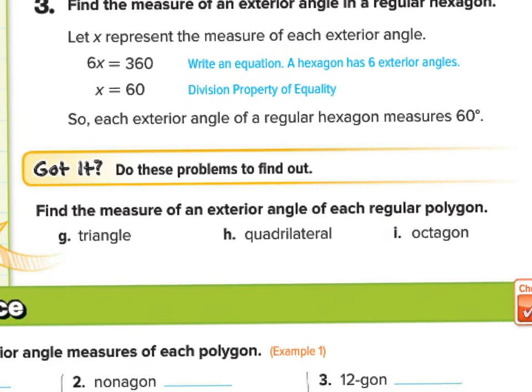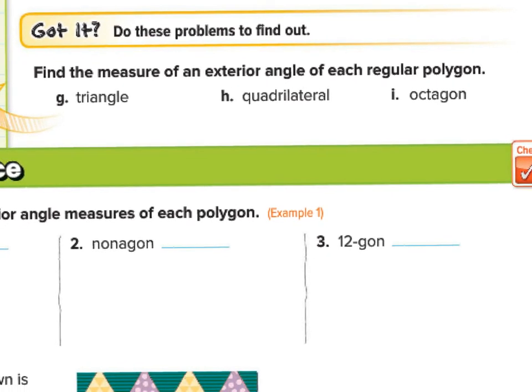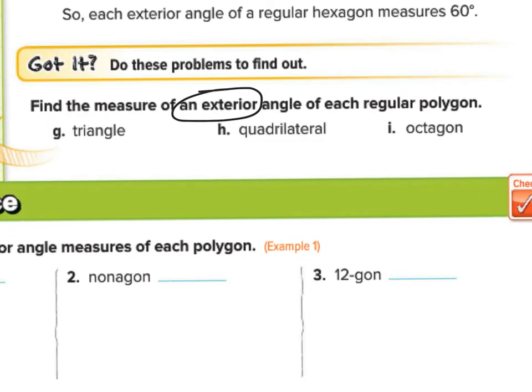Now we can try this on our own. Right here we have 3 examples. We have find the measure of an exterior angle of each regular polygon. A triangle. Now we're looking for the exterior, don't forget. A triangle has 3 sides, so we have 3x equals 360.